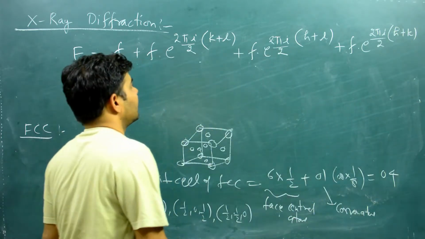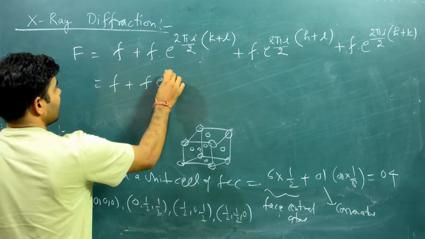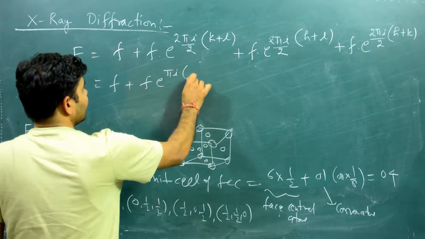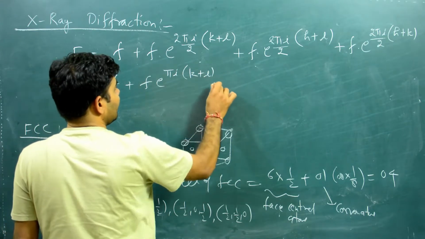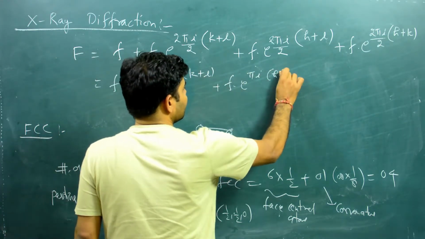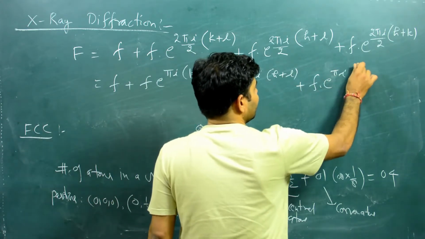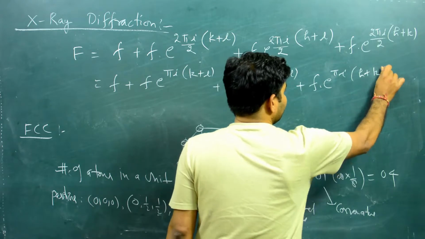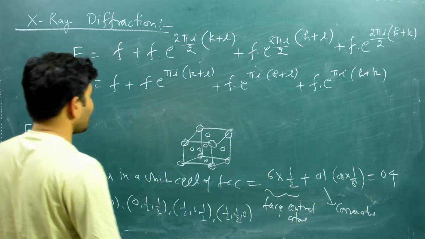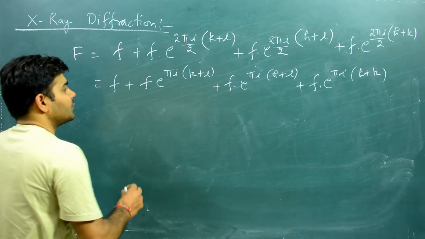Okay, so that gives f plus f into e to the power pi iota k plus l, plus f into e to the power pi iota h plus l, plus f into e to the power pi iota h plus k. That's what we get in case of FCC.